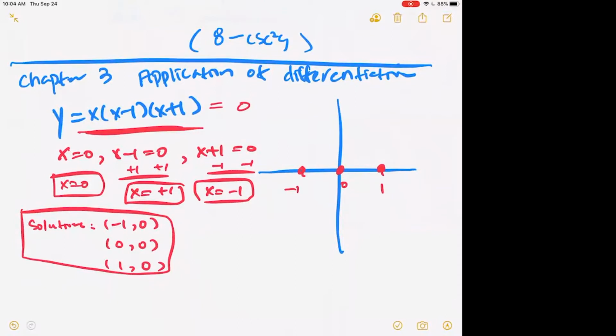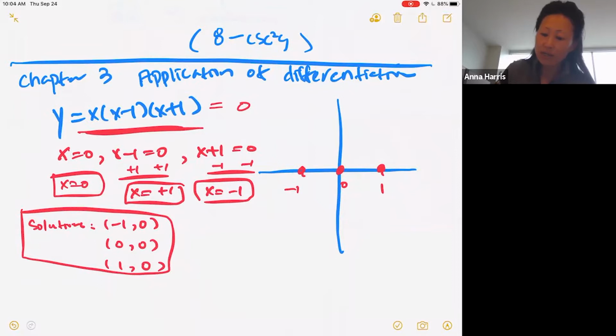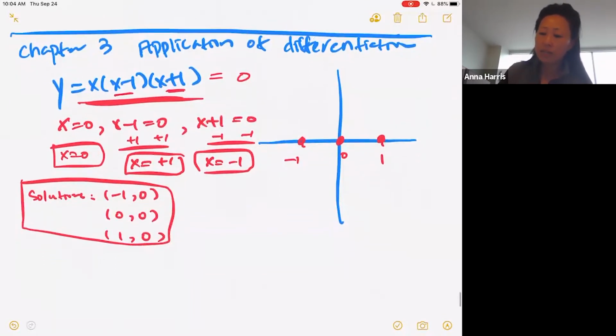And if I plug in x equal to -1 here, this becomes a 0, and 0 times anything becomes 0. If I plug in x equal to 1, this becomes a 0, so everything is equal to 0. Let's look at it again.